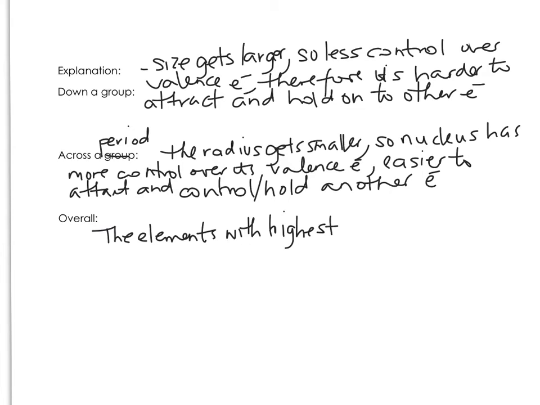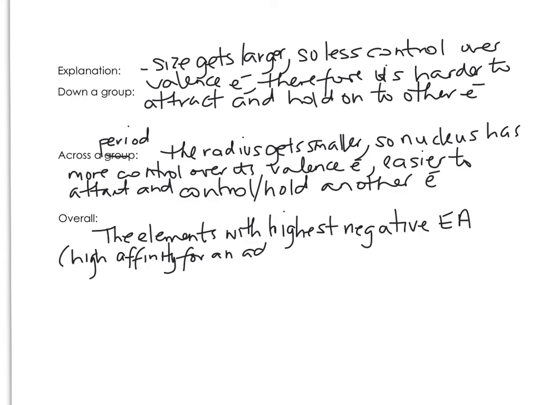The elements with highest negative electron affinity, so they have the highest affinity for an added electron, are those with the smallest radius.